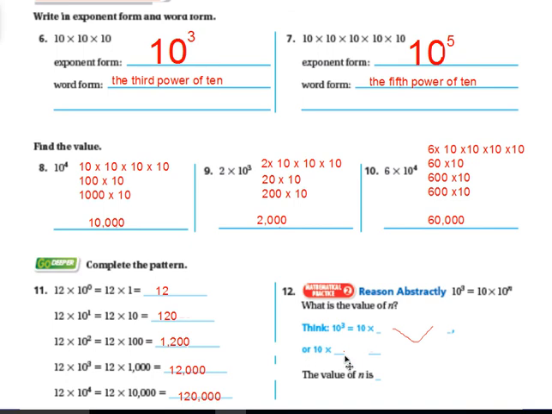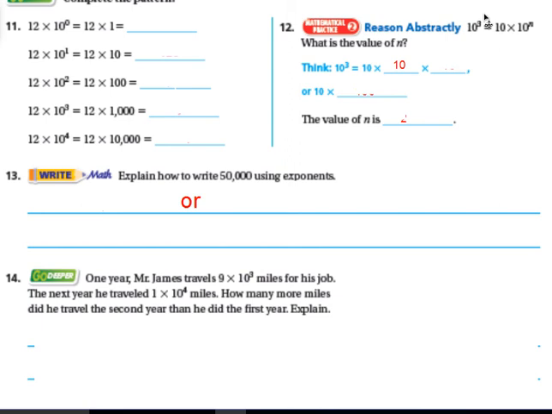Or 10 times, what was 10 times 10? So the value of n is, when I put 10 times 10, that equaled 100. How many 10s did I need to equal 100? 2, so the exponent is 2.